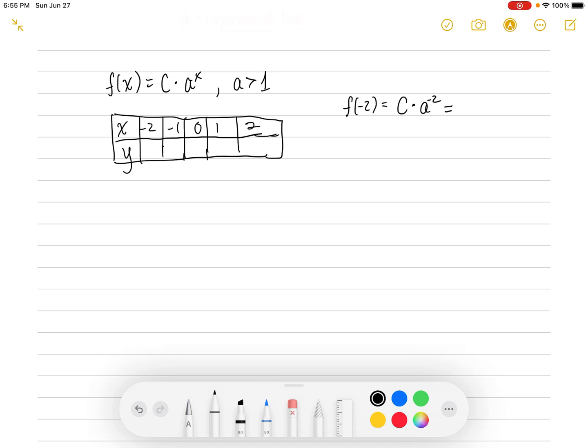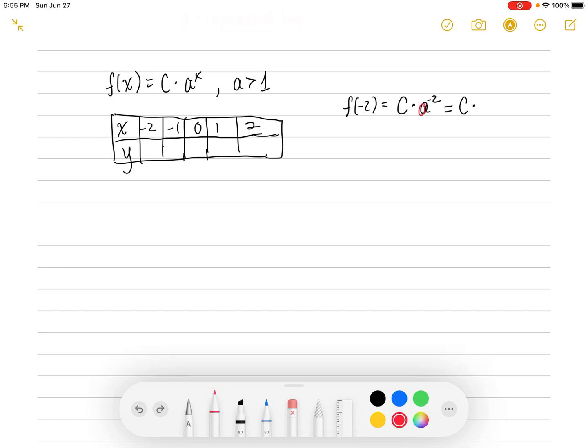So if you're finding f at -2, that'd be c times a to the -2 power. Now, maybe you're familiar with the fact that negative exponents can be rewritten as fractions.